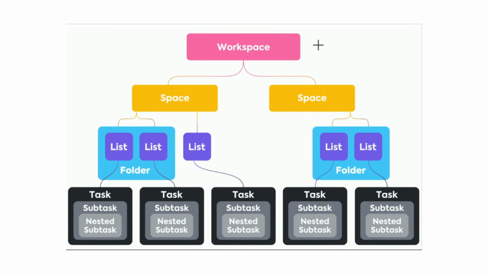Tasks can be further broken down into subtasks, allowing for more granular tracking of progress, and they can even have nested tasks, which are tasks that live within other tasks, enabling a deeper level of organization and complexity within your projects. This structure helps keep everything in order and makes it easier to manage projects, teams, and work at all levels of your organization. This hierarchy is essential for keeping your workspace organized.